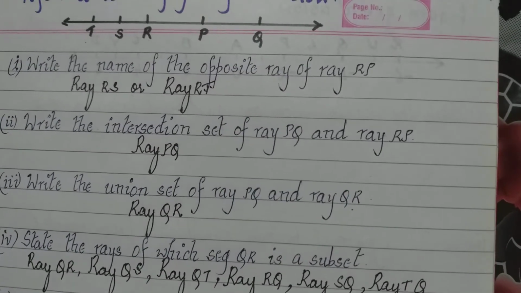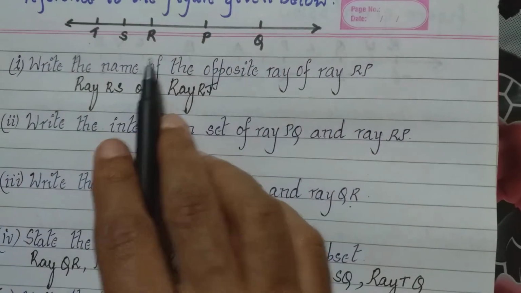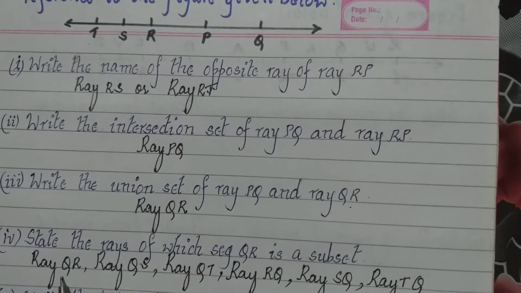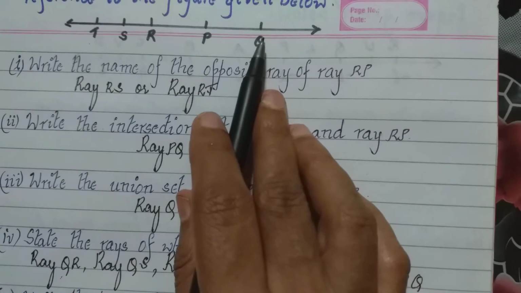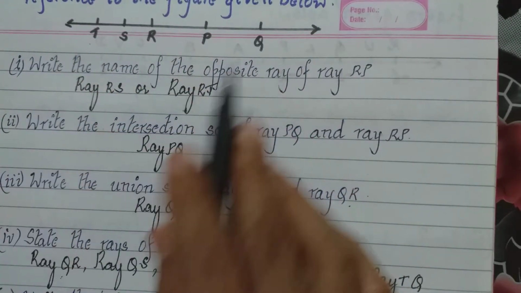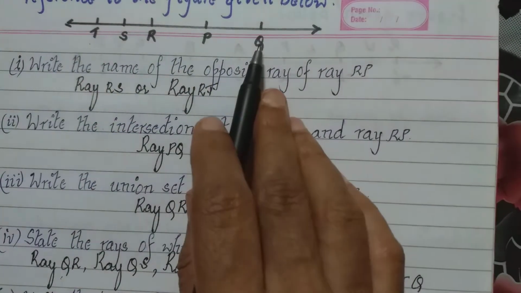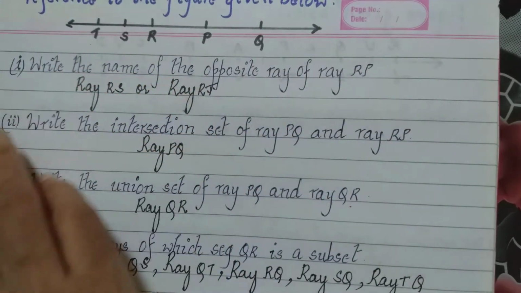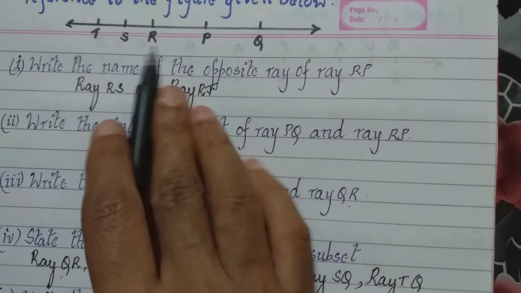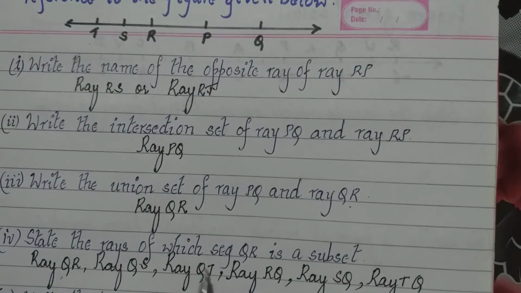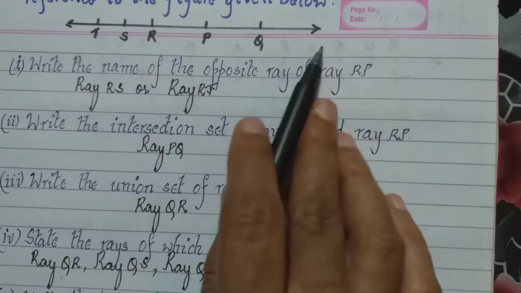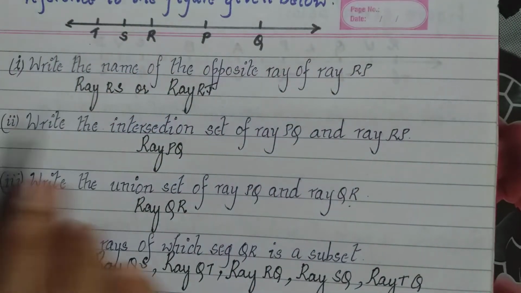Let us confirm again. Here you have segment QR. What have we written as the answer? Ray QR, it starts from here and goes further. So the segment QR is a part. Ray QS, it starts from here and goes to here and proceeds. So segment QR is a part of it. Ray QT, Q to T, it is drawn this way and goes further.